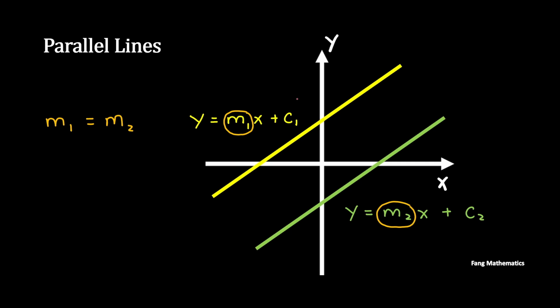And your y-intercepts, c1 and c2, must be different. They should cut the y-axis at different places. So that tells us c1 is not equal to c2. The two y-intercepts are different.